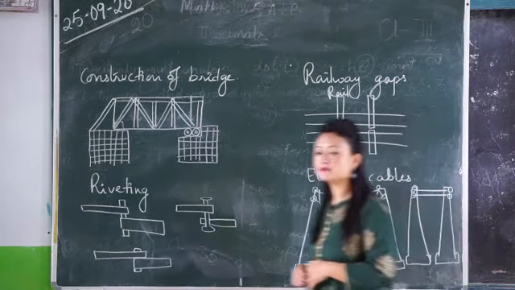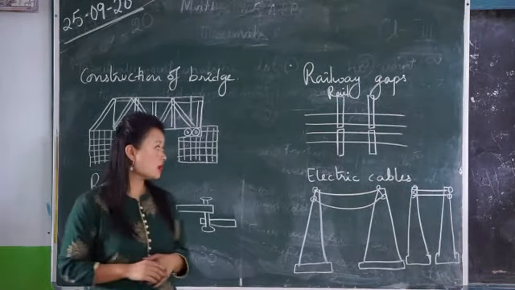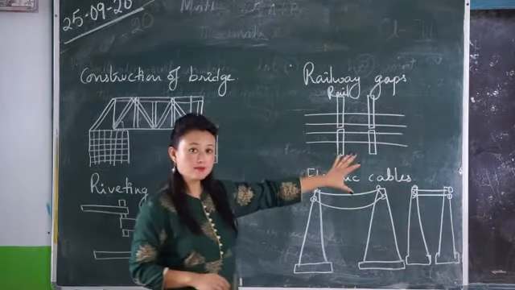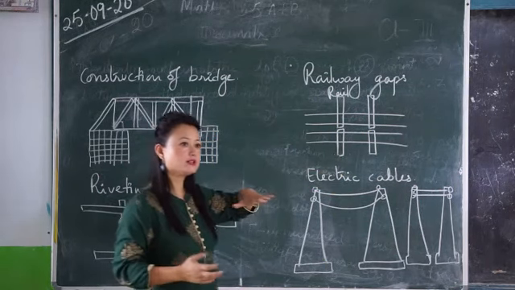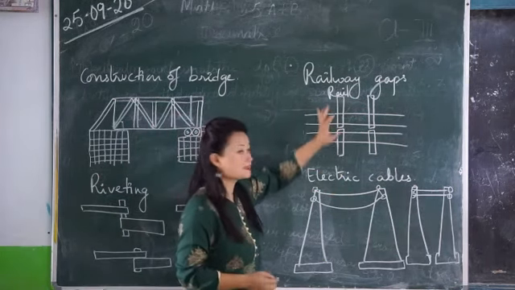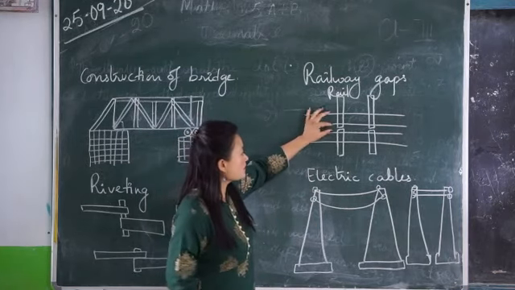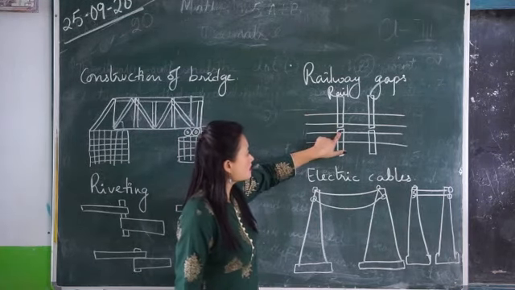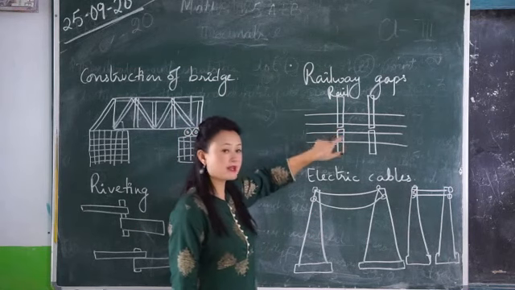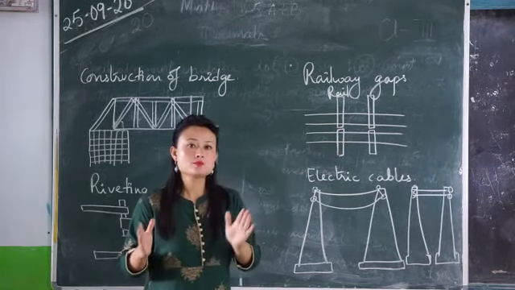Now, why do they leave these gaps? Because during summer, when there's a lot of heat, these metals tend to expand, and this space allows them to expand properly.